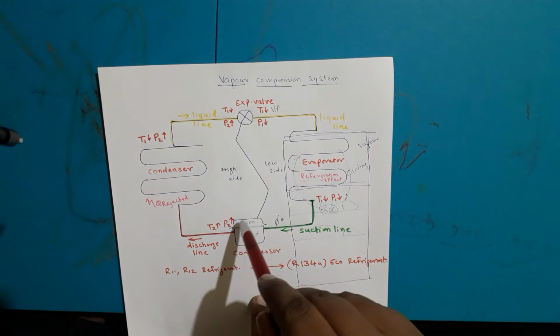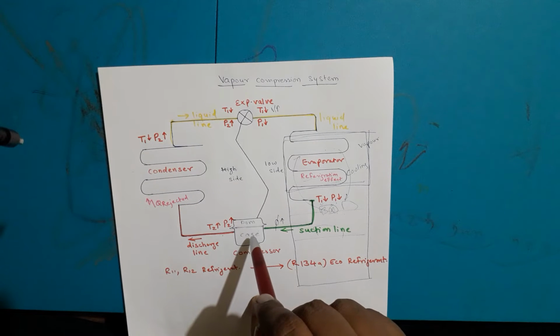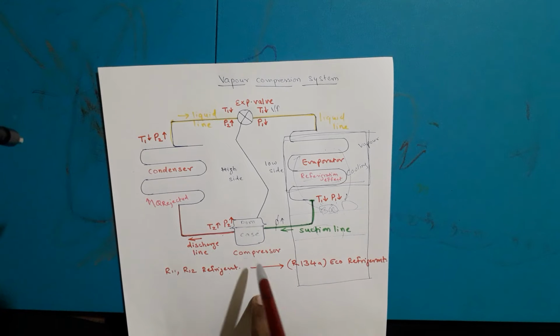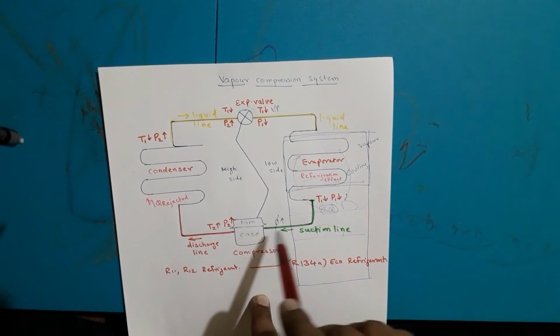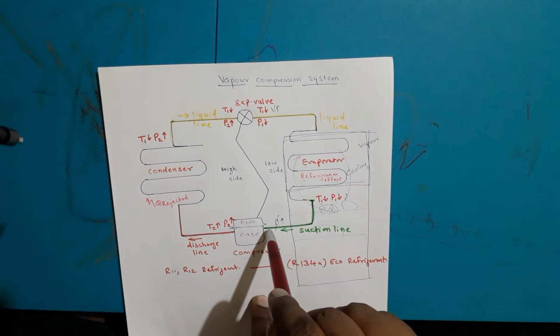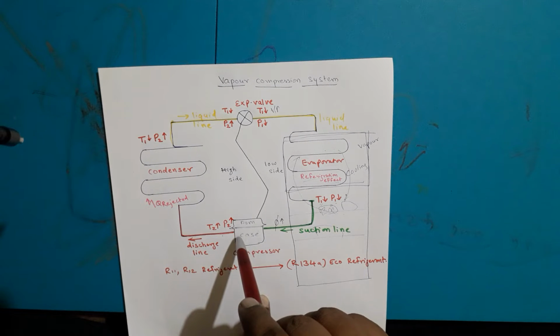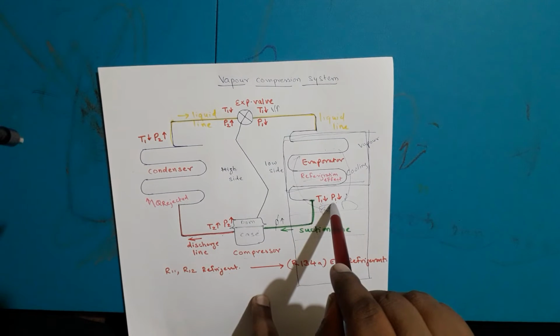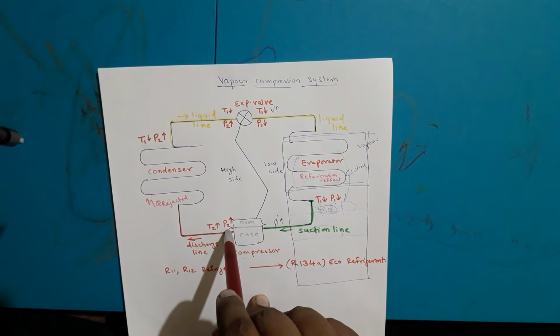This is the hermetic sealed compressor, which runs on electric connections. As you switch on the system, it will work. It consists of a cylinder piston mechanism, whose purpose is to pump the low temperature, low pressure vapors coming from the suction line, which enter the compressor. The compressor compresses the low temperature, low pressure vapors into high temperature, high pressure vapors.